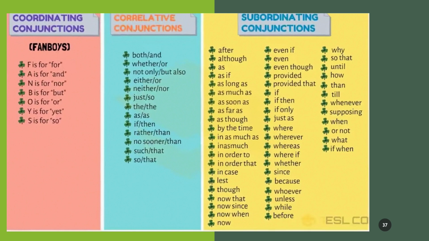So on the left here you have an acronym, FANBOYS. It's a handy one to remember. For, and, nor, but, or, yet, and so. They are coordinating conjunctions. We have correlative conjunctions, which are sometimes used in Greek to introduce a subordinate clause: so that, either, or, if, rather, and so on.